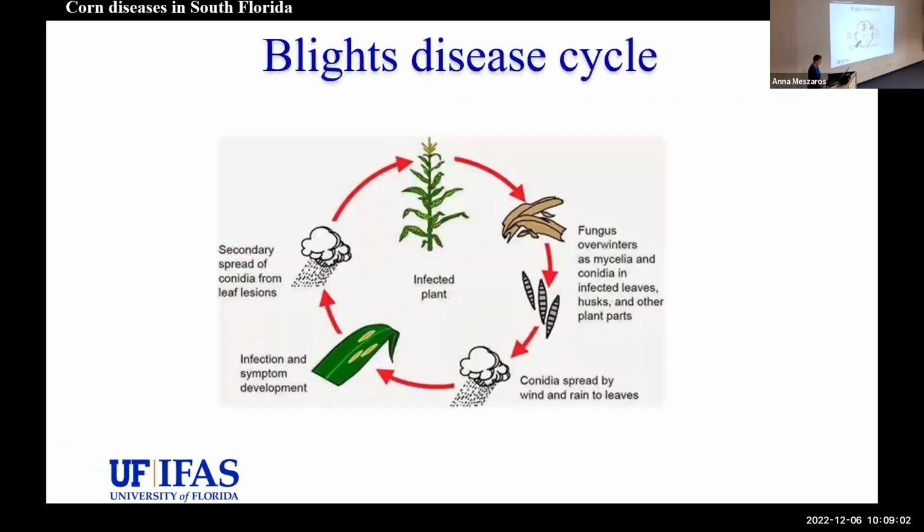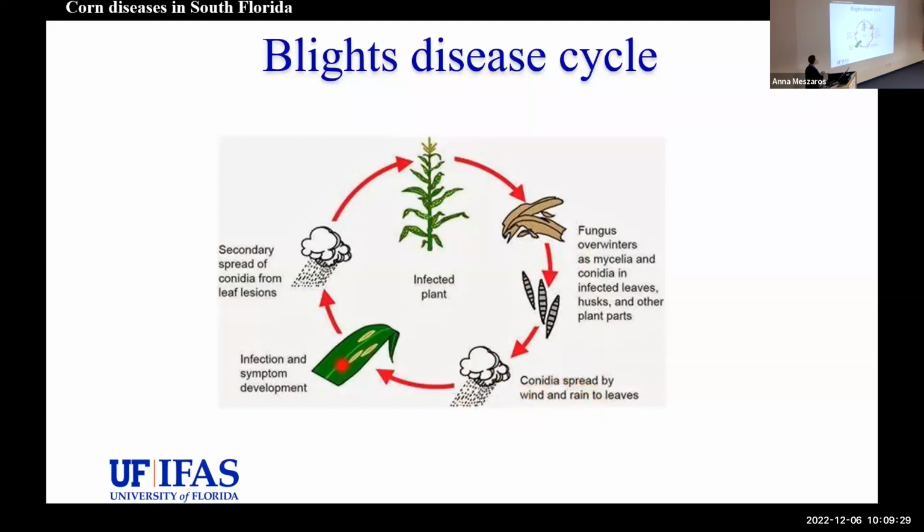So for the blights, I put this disease cycle here because I want to illustrate how this pathogen can survive, and it actually survives on the crop debris as mycelia or conidia. And then in the beginning of the season, those spores can be released, and they can be disseminated and spread through the wind and also rain.